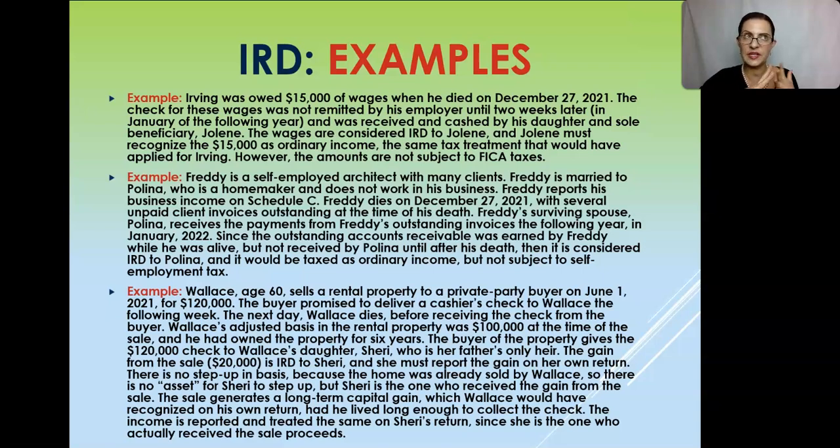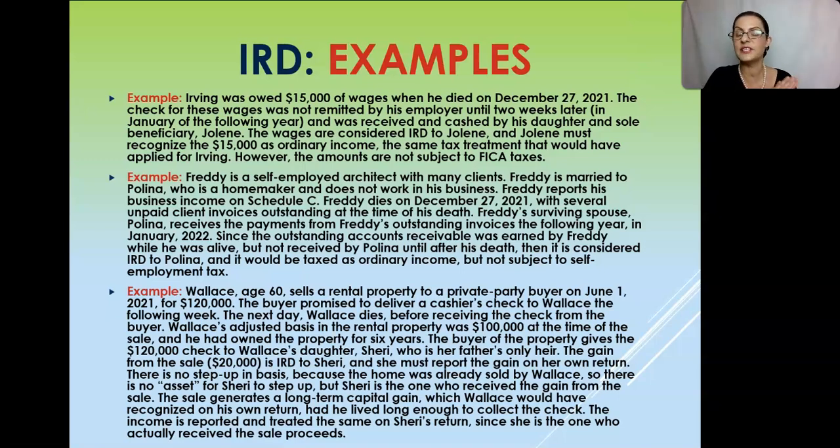But it's just treated like other income. She didn't earn those wages. Irving did. So because they were paid after the year of death, then it's ordinary income to her. It's treated as IRD to her, but it's not subject to any kind of FICA tax because she didn't earn that money. It's not wages to her, but it's ordinary income to her.